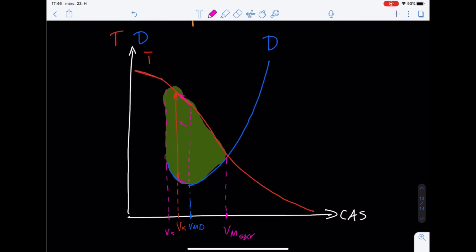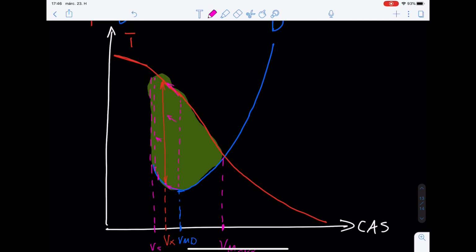But if you look after a certain while, around this area, so this might actually be even more to the left, near the stall speed, around this region, you can see that at the very end of this curve, the drag is increasing quite steeply with only a smaller increase in the thrust.